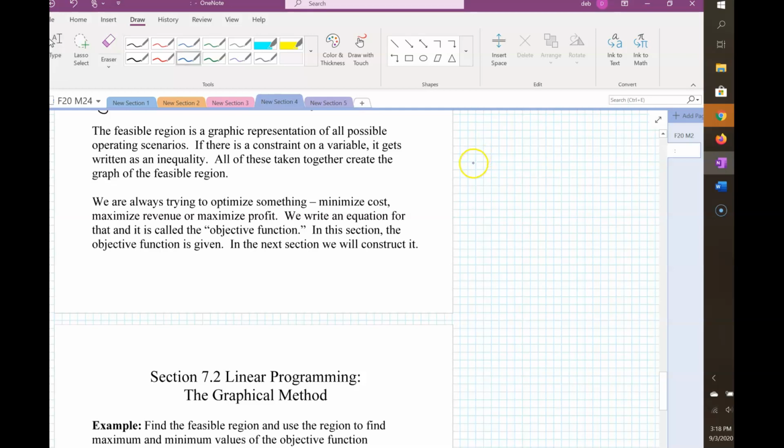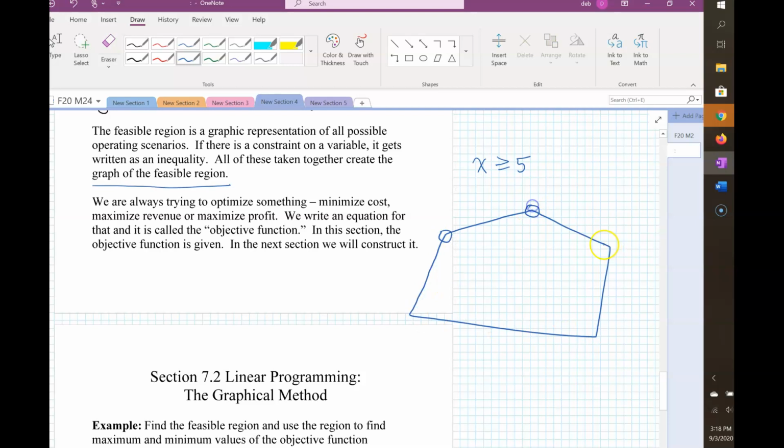If you say, I need to have at least 5 round tables, and x is the number of round tables, this is how you write the number of round tables needs to be at least 5. So all of these inequalities together create the graph of the feasible region, and it could look something like this, just depends on the problem.